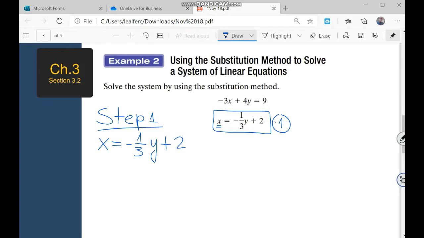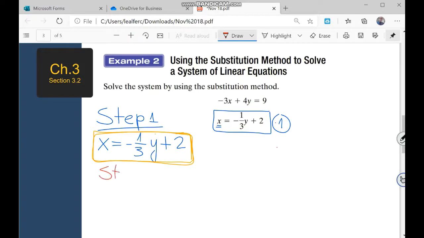We have x isolated. This is the conclusion that we want from step number 1. The objective is to have one of the variables isolated. And we can move to step number 2.